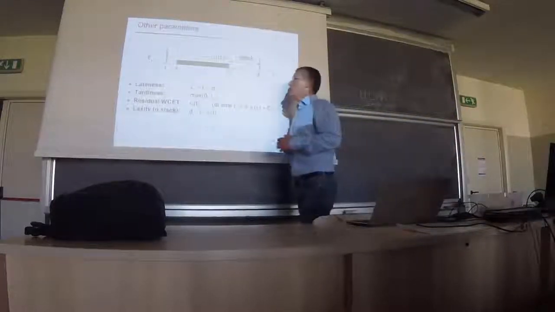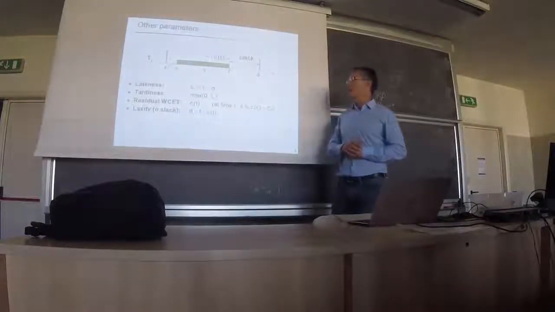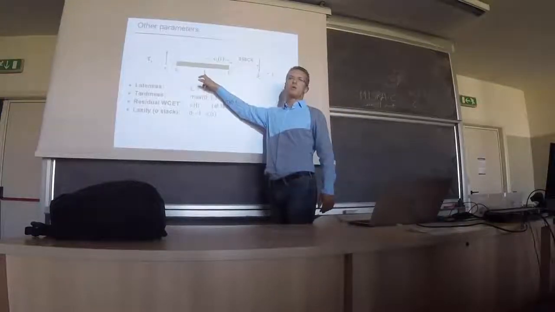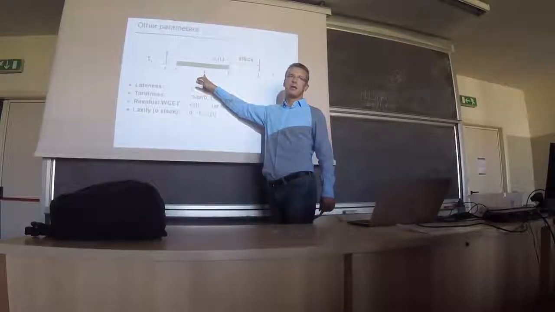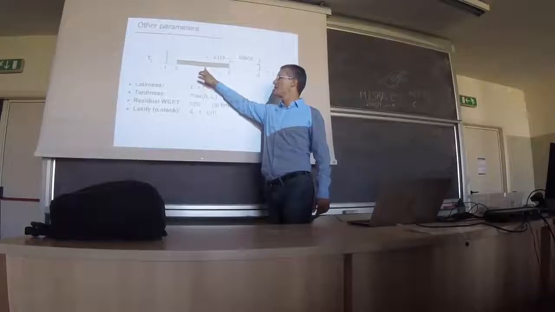They essentially measure how late the task is. If capital C_i is the worst case execution time, at some point t we may want to determine how much of this task is still pending to execute. So what is the remaining, the residual execution time of that task at time t?